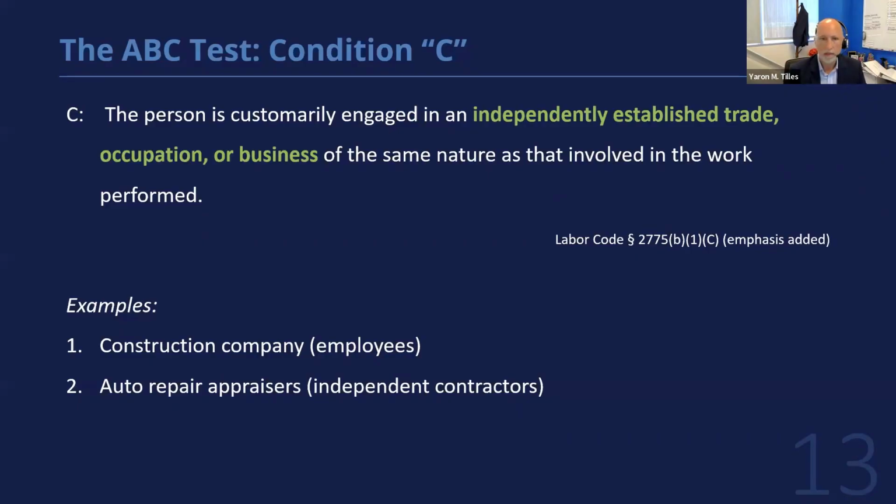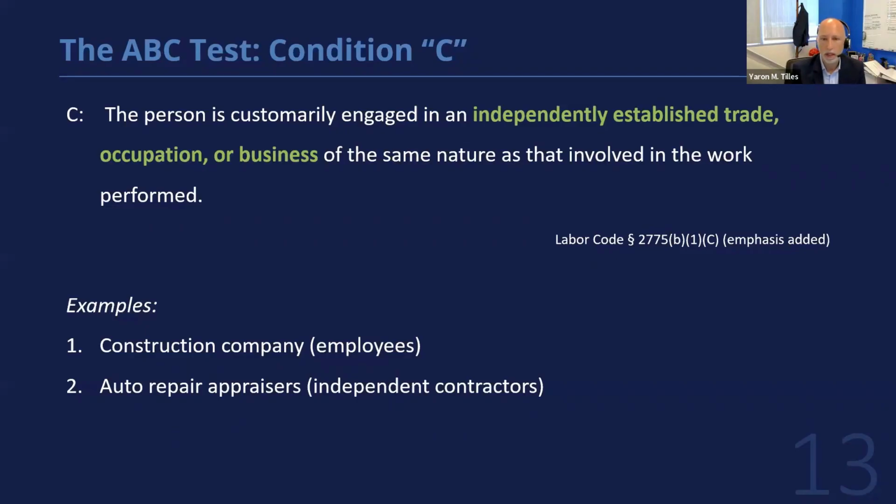The third of the ABC is condition C. This prong requires that the hiring entity show the worker is customarily engaged in an independently established trade, occupation, or business of the same nature as that involved in the work performed. The phrase independent contractor is generally used to describe workers who have made the decision to go into business for themselves.